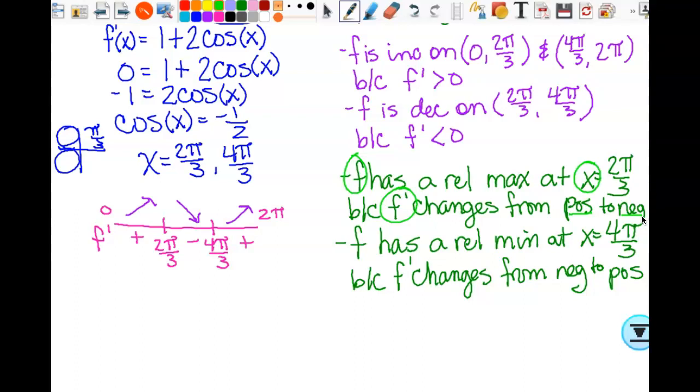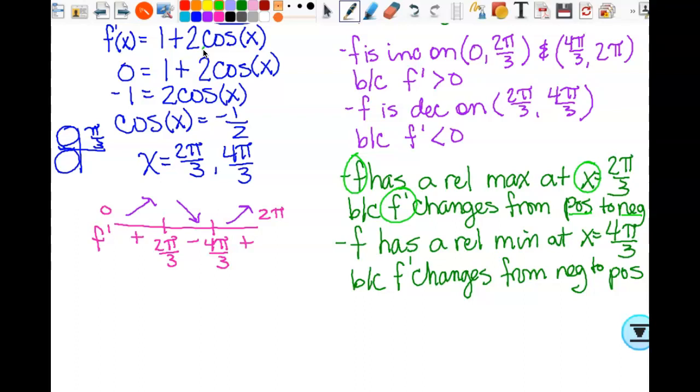Whatever I substitute in here, so let's see, what do you want before 2 pi thirds, like pi fourths? Okay, if I put pi fourths in here, that's positive times 2 plus 1, it stays positive. Between 2 pi thirds and 4 pi thirds, let's go with just pi, okay? And so when I put pi in here, cosine of pi is negative 1 times 2 plus 1. That's going to give me a negative number, okay?